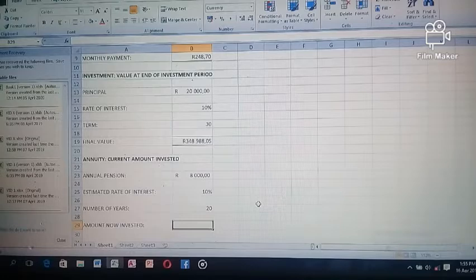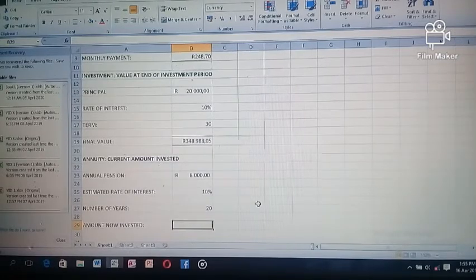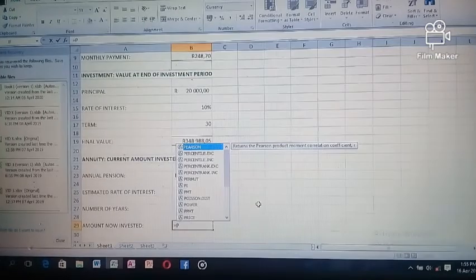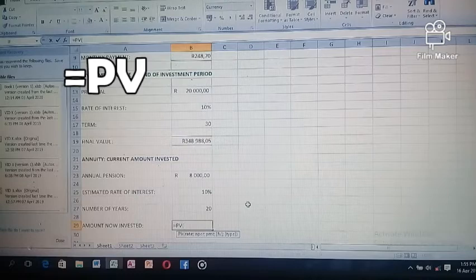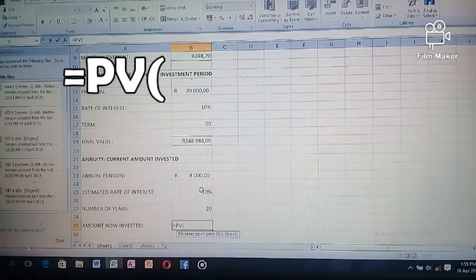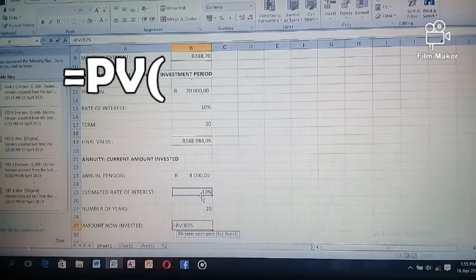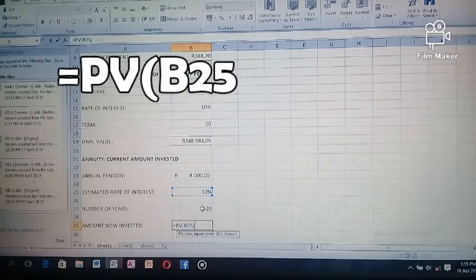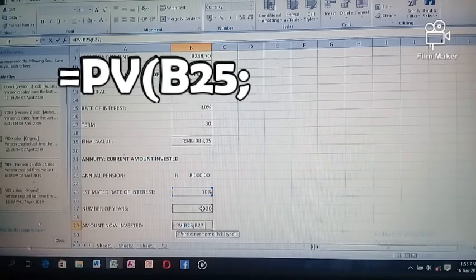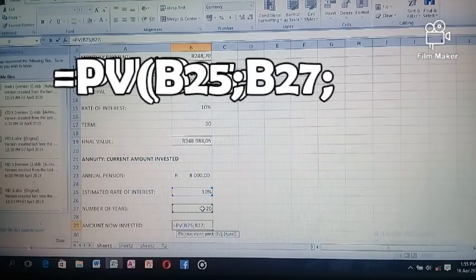So look at this. How do we calculate our present value? You're gonna put an equal sign first, PV, open brackets. What's our rate? Our rate is 10%, guys, semicolon, number of years 20 years, semicolon.